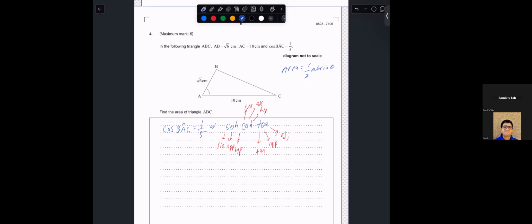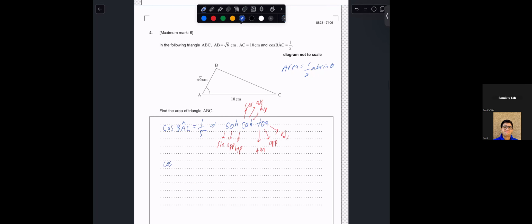So we already have our cosine, which is given to us as 1 over 5. Cos equals adjacent over hypotenuse, as I explained with SOHCAHTOA. The A stands for adjacent and the H stands for hypotenuse, and whatever comes first is the numerator and whatever is next is the denominator. So cos equals 1 over 5 equals adjacent over hypotenuse.